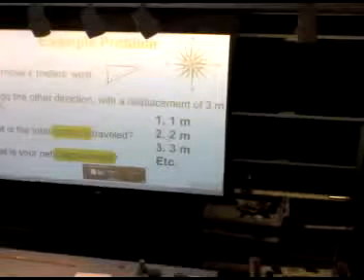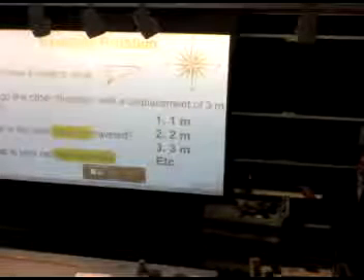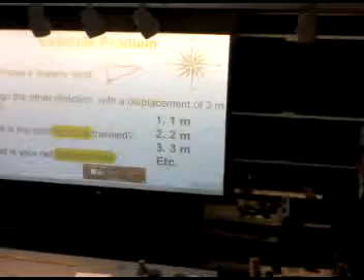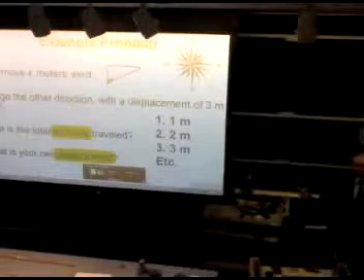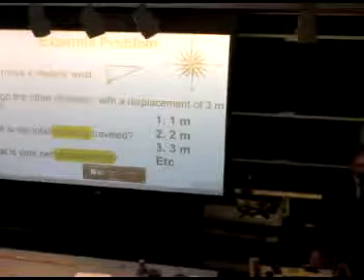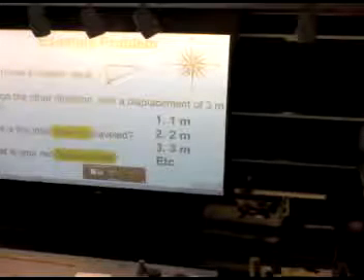That's your displacement. How do we call this specific figure? It's a specific triangle. It's a right triangle. And what do we know about right triangles? Pythagorean theorem. So it has to be 5.